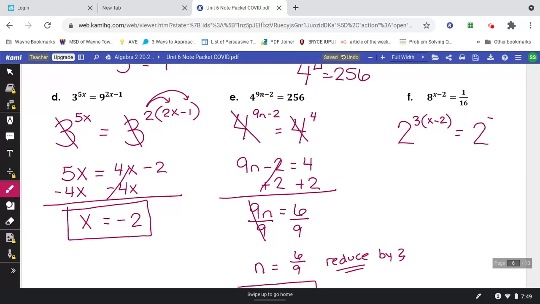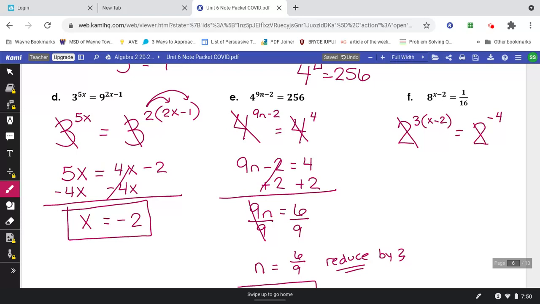So I know I need a negative number. And then how many 2's together make 16? 2 to what exponent is 16? 2 to the 4th. So over here on the right side, I have 2 to the negative 4 power, and that's what helped create that fraction.